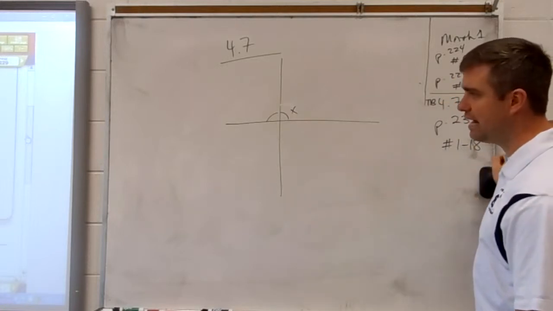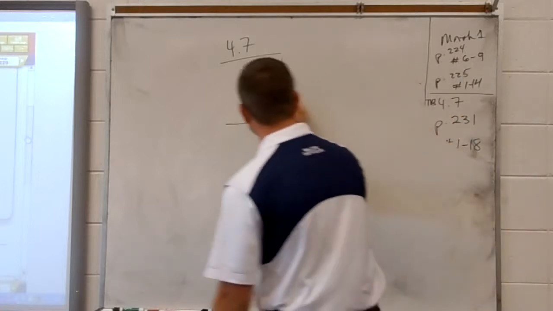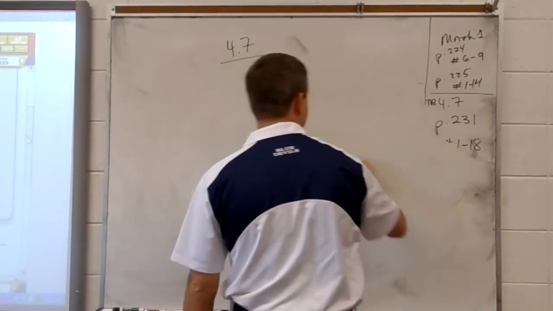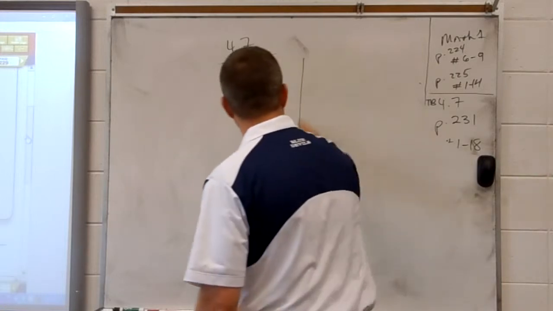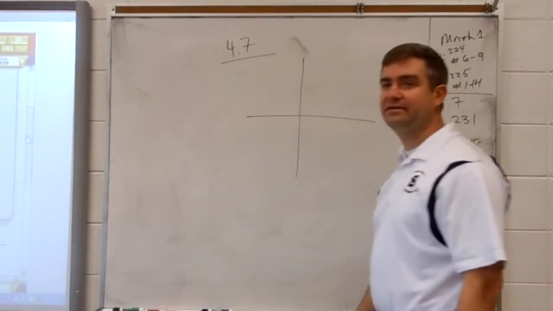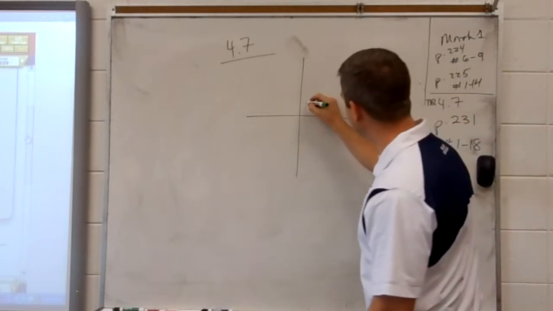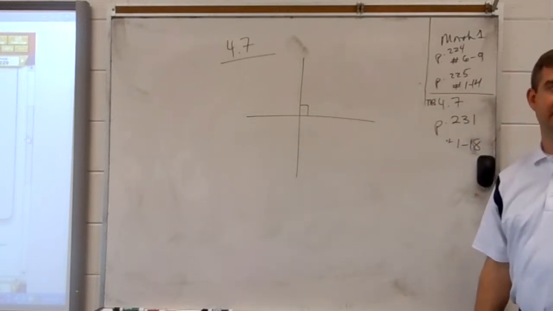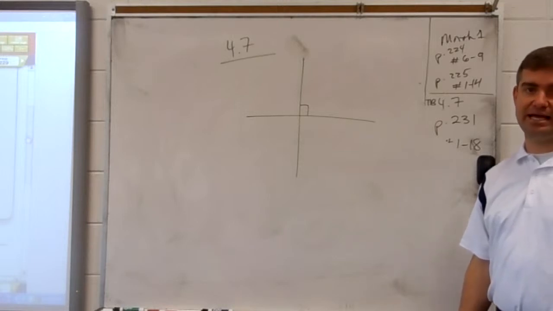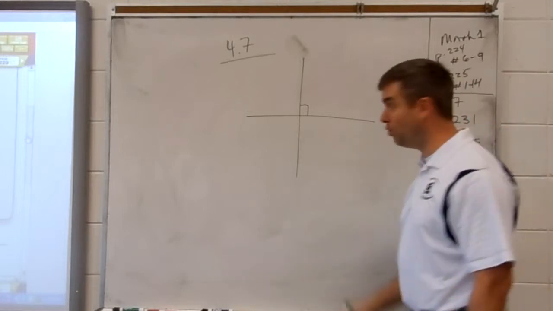All right, Anna, read out Theorem 4.8. Theorem 4.8. If two lines are perpendicular, then they intersect to form four right angles. All right, what that's saying is, if two lines are perpendicular, meaning I do that, then how many right angles does it create? It creates 4 right angles.